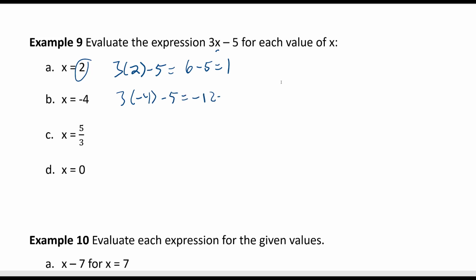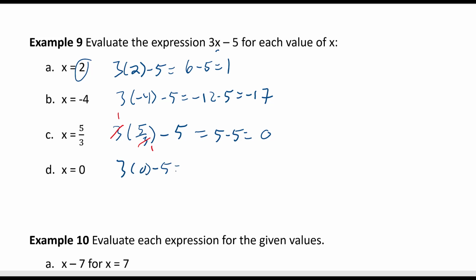It's -12 minus 5, so it's -17. Then we have 3 times 5/3 minus 5. Well, the 3's will divide out. Leaves us with 5 minus 5, which is 0. And then 3 times 0 minus 5 is 0 minus 5, which is -5.